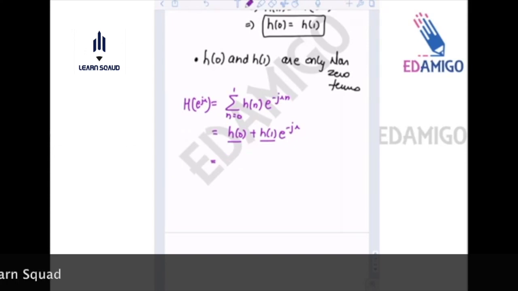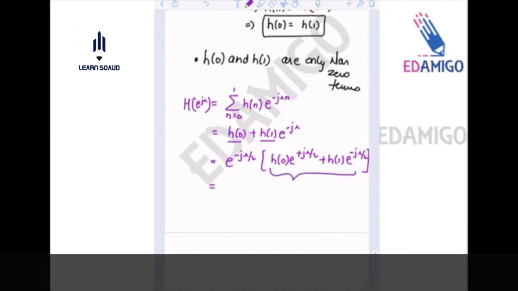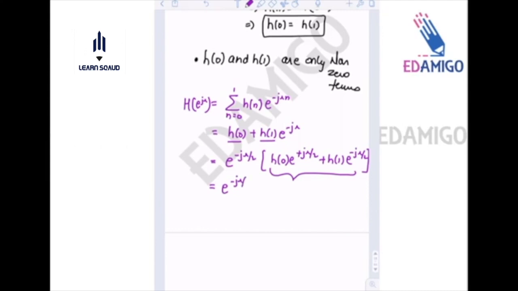Since both these terms are equal, first of all let's take common e^(−jσ/2), 2 times h0 e^(+jσ/2). Okay, now this will give me a cos term, so e^(−jσ/2) times 2h0 cos of σ/2.